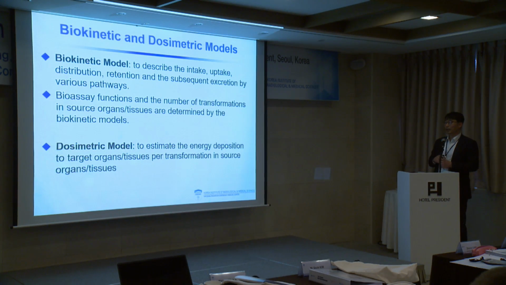And the dosimetric model was developed to estimate the energy depositions to the target regions per nuclear transformation in the source region. So to calculate the energy deposition in the target region from the radionuclides in the source region, we have to use this dosimetric model.